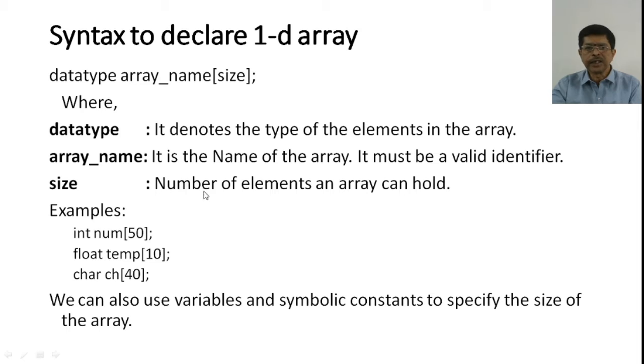The size is the number of elements an array can hold. For example, int name[50], float temp[10], char ch[40]. And we can also use variables and symbolic constants to specify the size of the array.